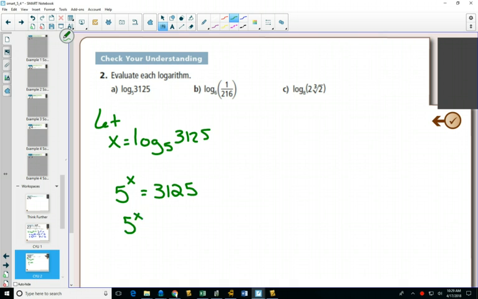So 3,125 is 5 to the power 5. I think that might be one value past what we had on our powers chart. But in this case, if these are equal, well, our technique tells us x would have to be 5.